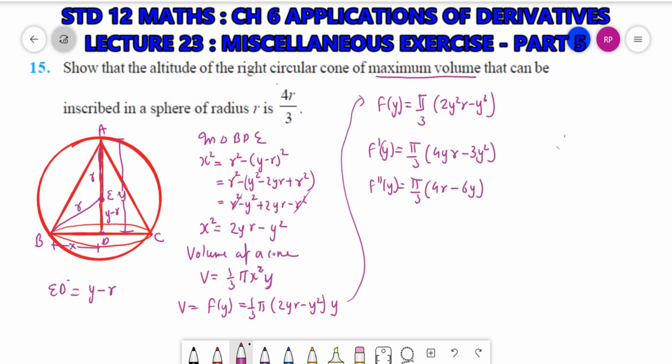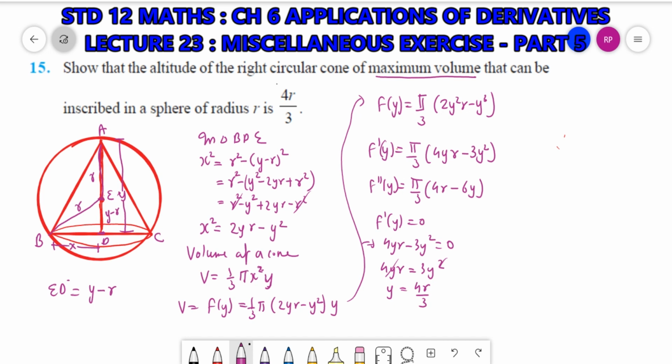Now for the critical point I need to take f dash y equal to 0. What does this imply? Pi by 3 will go to the other side, will be 0. So 4yr minus 3y square equal to 0. That means 4yr equal to 3y square. We get cancelled. So y will be equal to 4r by 3.